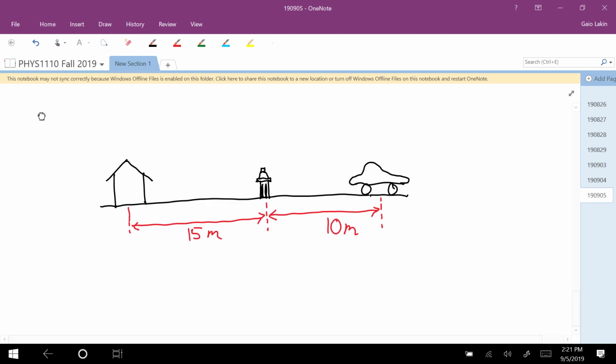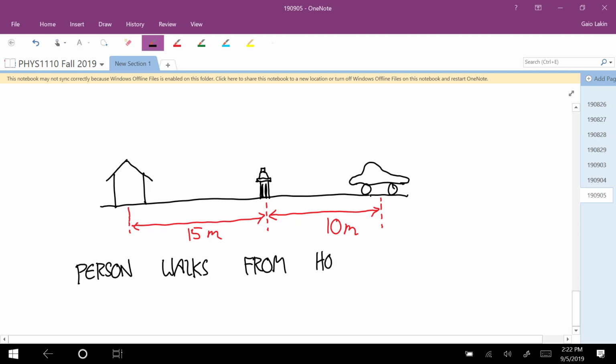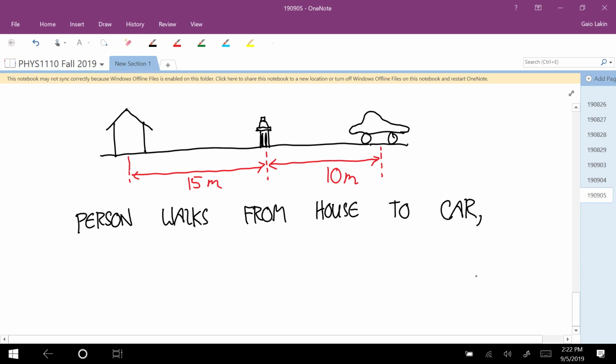And let's say that a person walks from the house to the car and then back to the fire hydrant. So the house to the car takes 15 seconds. That's a slow walk. And then back to the fire hydrant in 10 seconds.